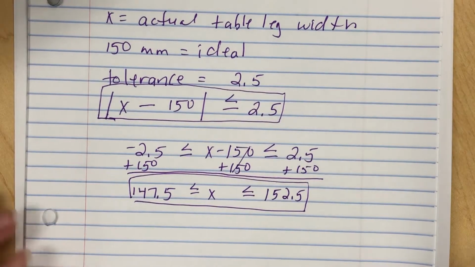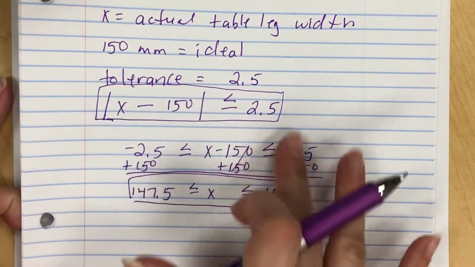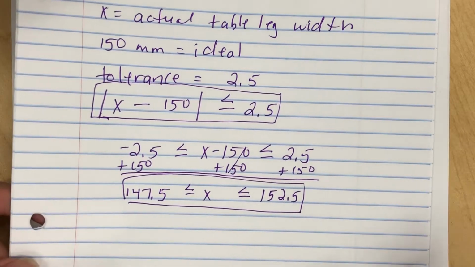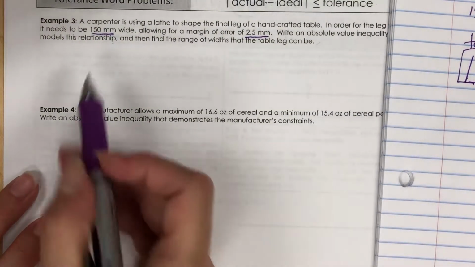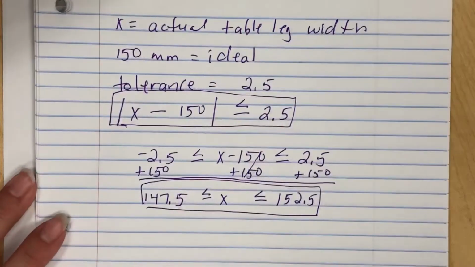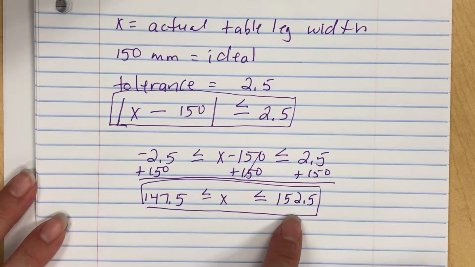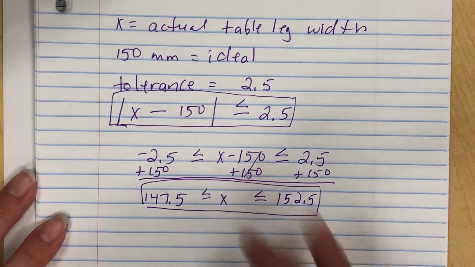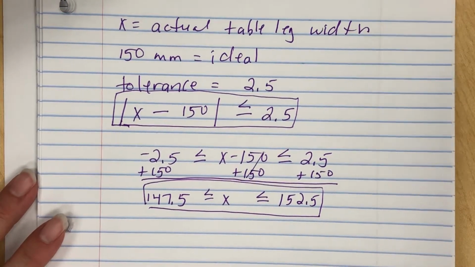And if you go back and look at the original problem, it makes sense. Even though we had to go through the absolute value inequality to answer the question, if you read the problem again, 150 plus or minus 2.5 would be a minimum of 147.5 and a maximum of 152.5. So that's exactly what we came up with after our work. So that's example 3.